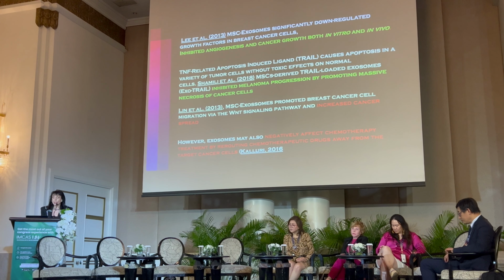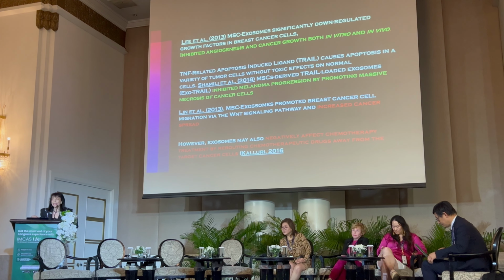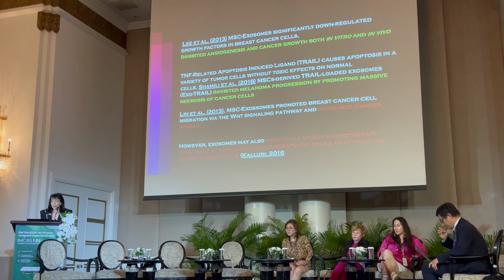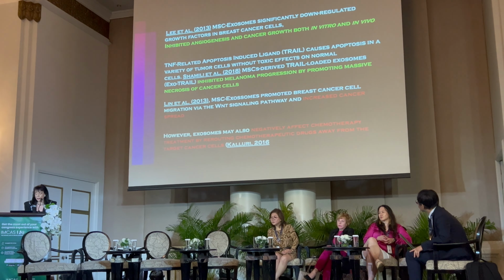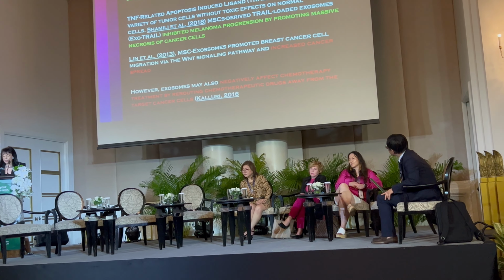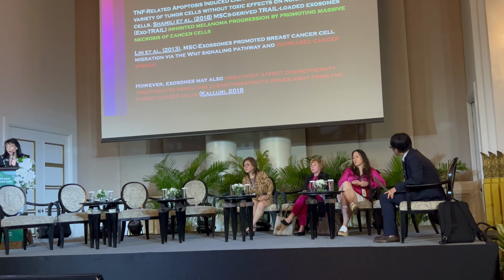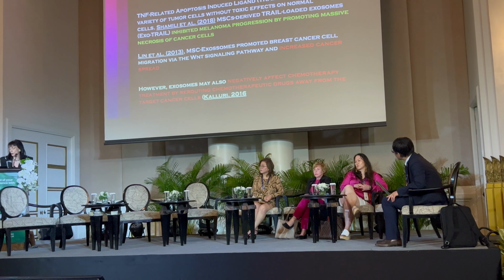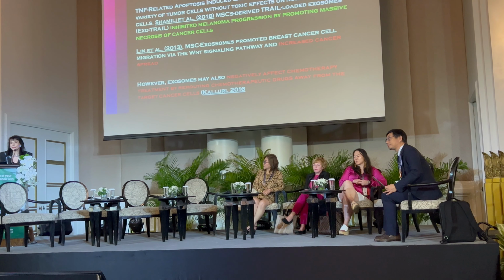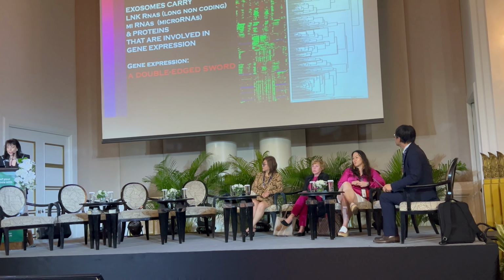However, other investigators have found that exosomes increased cancer spread, and they have negatively affected chemotherapy treatment by rebooting chemotherapeutic drugs, basically stopping the chemotherapy drugs from acting on the cancer.